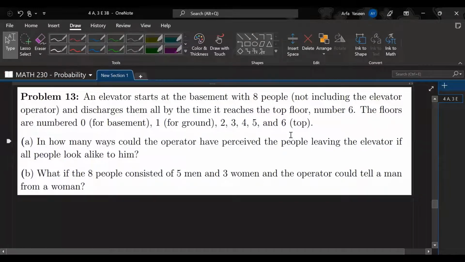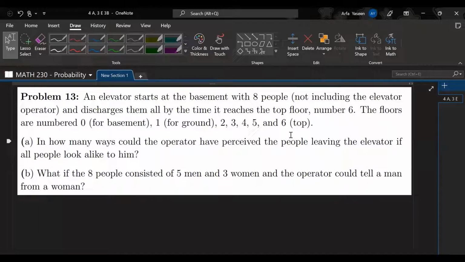So for problem 13, let me read it. We have to find the number of ways 8 people can leave the elevator.